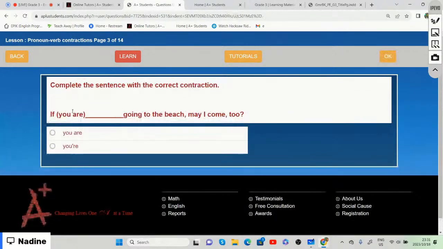If you are going to the beach, may I come too? If we find the correct contraction, is it you are or you're?